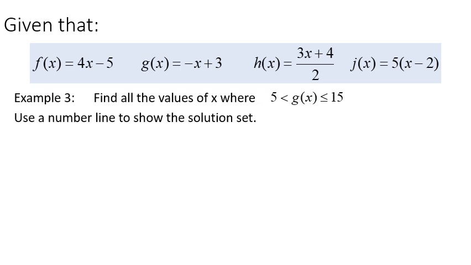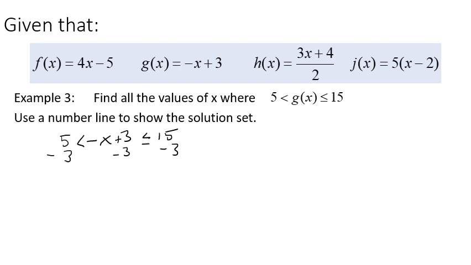Example 3, find all the values of x where 5 is less than g of x, which is less than or equal to 15, where g of x is negative x plus 3. Okay. Now when I'm solving for x here, I just need to make sure I do the same operation to all 3 parts of my inequality.